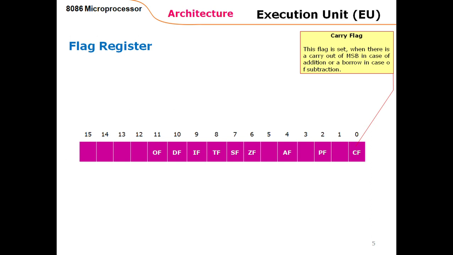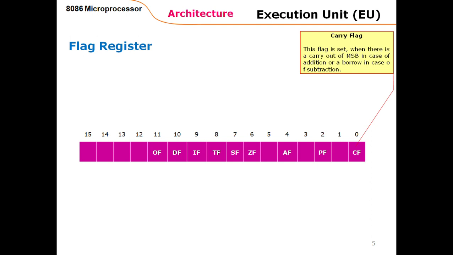This carry flag is set when there is a carry out of the most significant bit in case of addition, or a borrow in case of subtraction. When two values are added, if a carry is generated at the most significant bit position, then that is recorded in this carry flag bit. If there is a carry, the carry flag is 1.